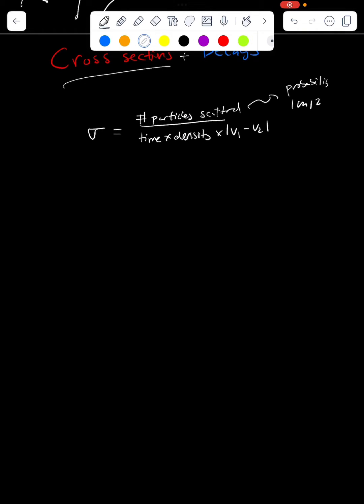Now note that the experimental probability that the scattering happens is given by the number of particles that actually do get scattered, divided by the total number of particles.